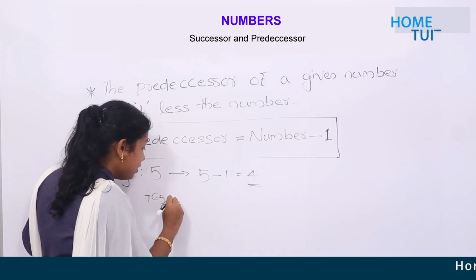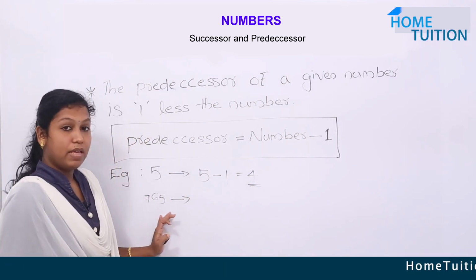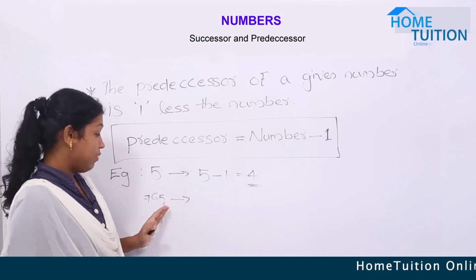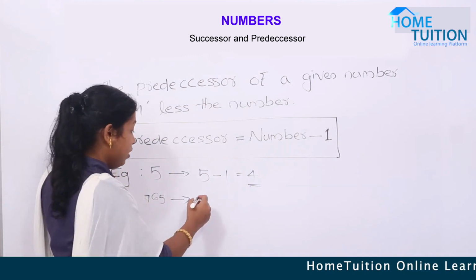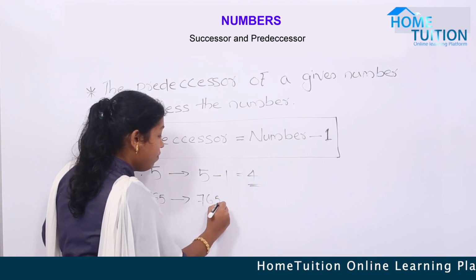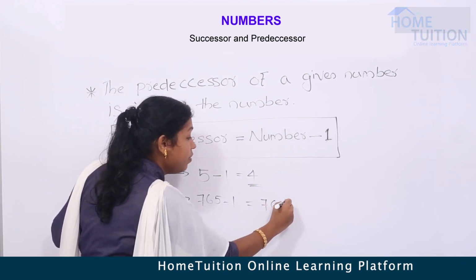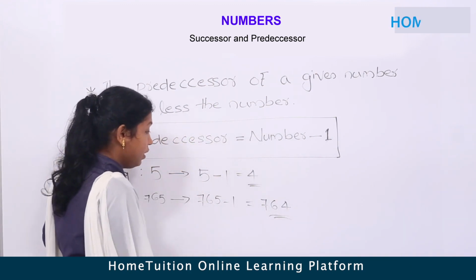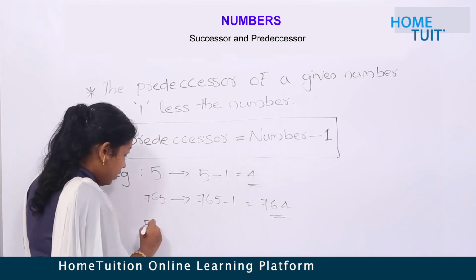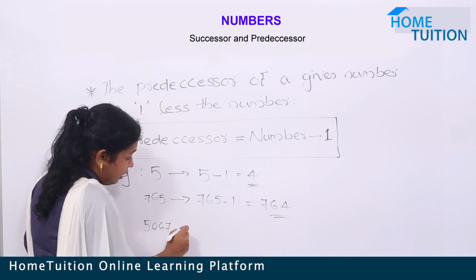765. The predecessor of 765 is 765 minus 1, which is equal to 764. Then another example, 5067.